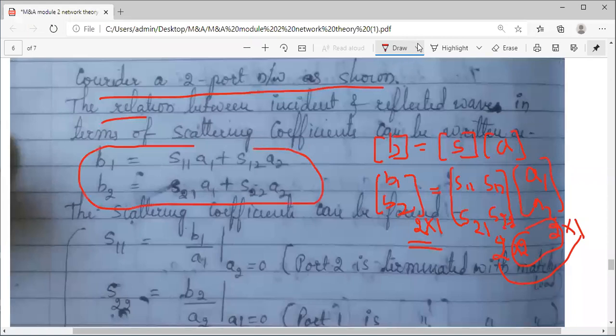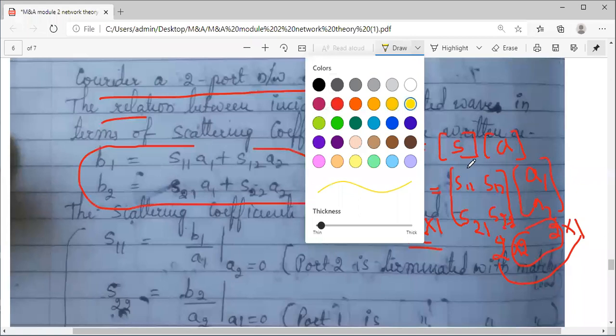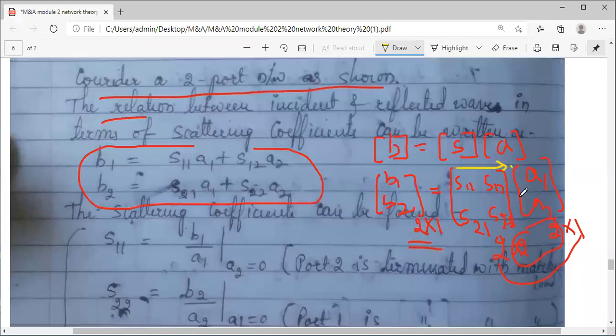Simply multiply rows and columns. The first equation is B1 is equal to, first term S11 into A1, plus second term S12 into A2.